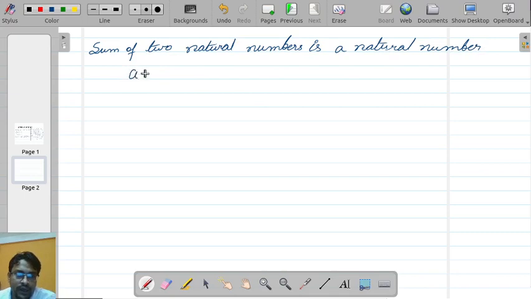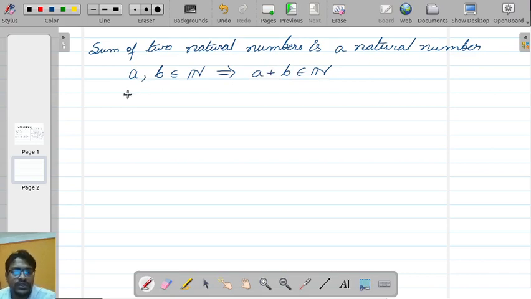Symbolically, a, b belongs to N implies a plus b belongs to N. That means you take any elements a and b inside N, it will always imply that a plus b is also inside N. So the sum of any two natural numbers is a natural number.